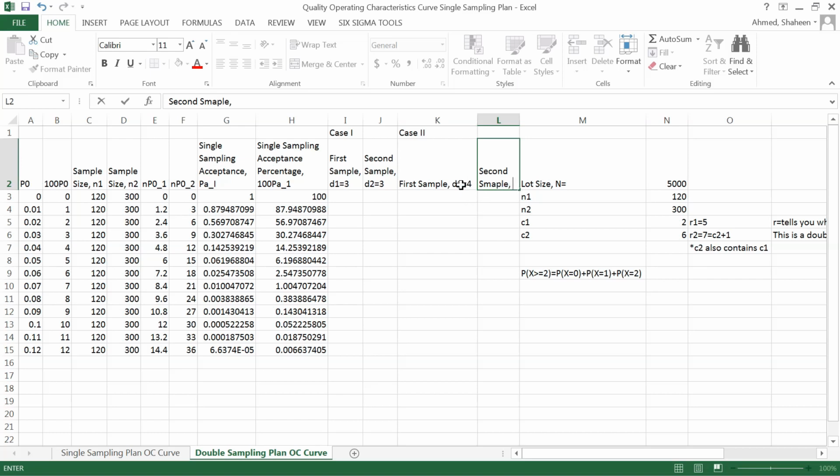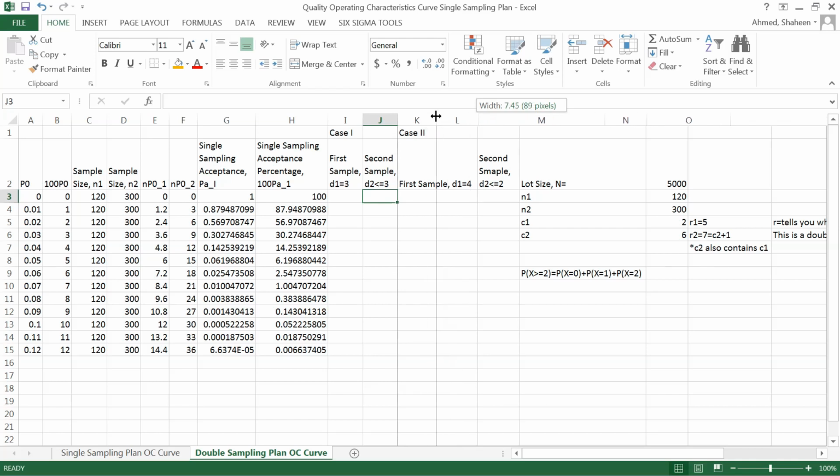Because you already got 4. Now your criteria is 6. So the maximum you can get defective in the second sample was, I think I should put this symbol in this here too, so less than or equal to 3, like that.